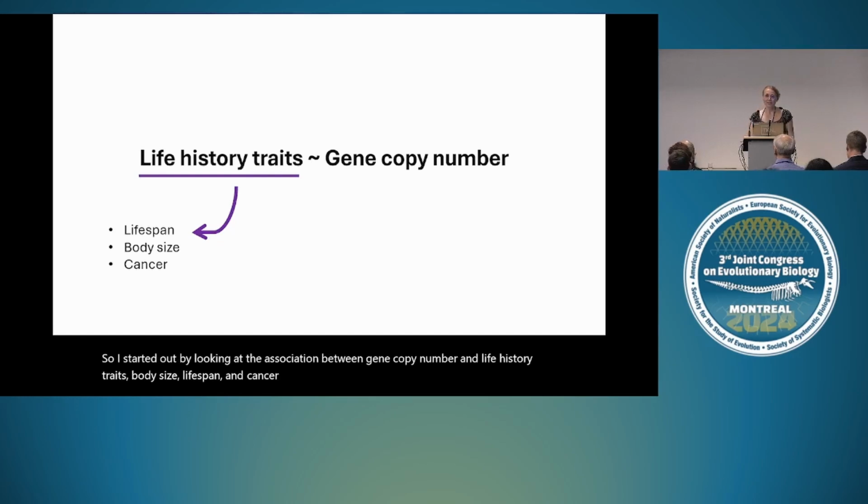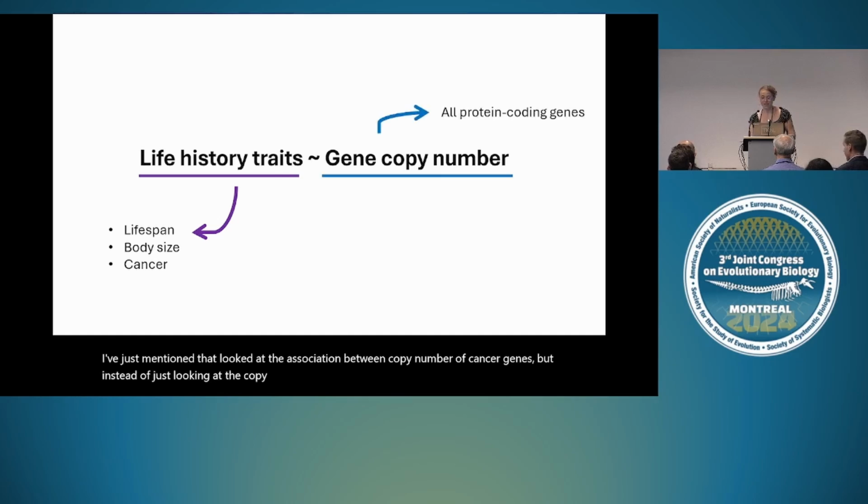It's kind of a similar idea to some of the studies that I've just mentioned that looked at the association between copy number of cancer genes. But instead of just looking at the copy number of cancer-related genes, I estimated the copy number of all protein-coding genes in the genomes of around 100 mammals.